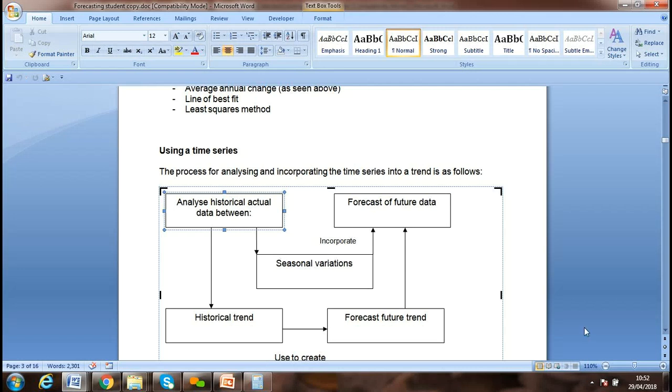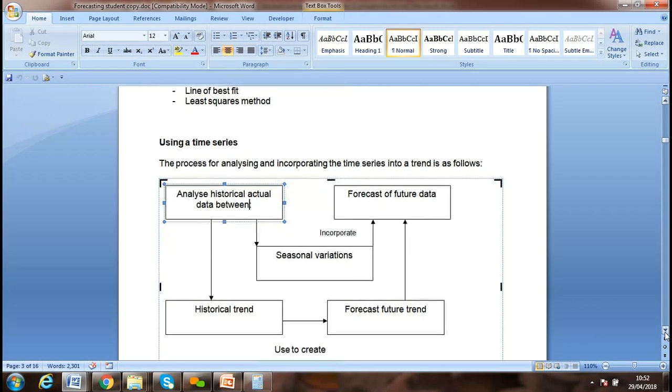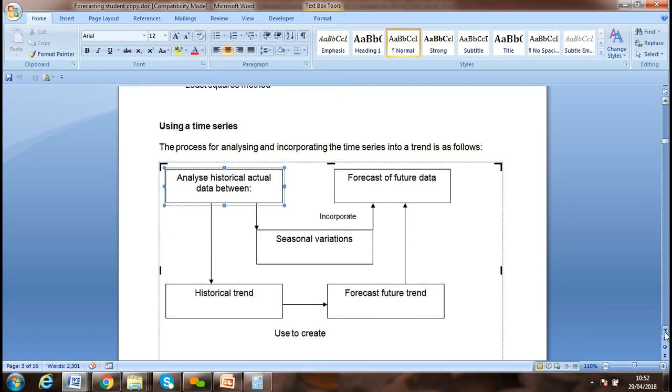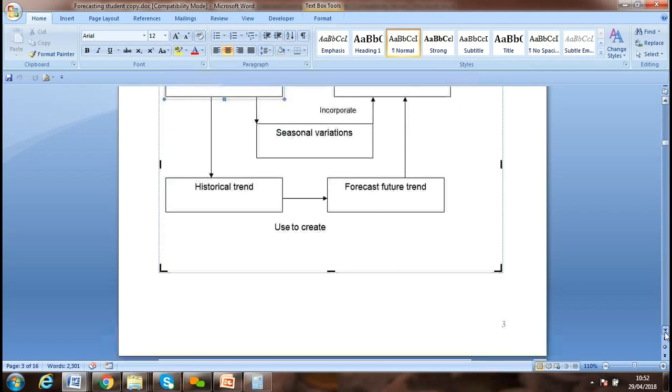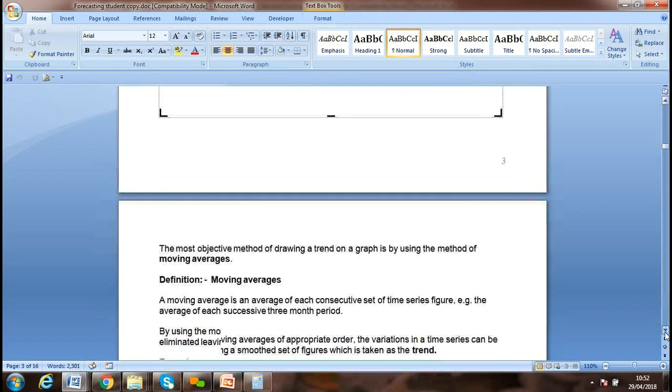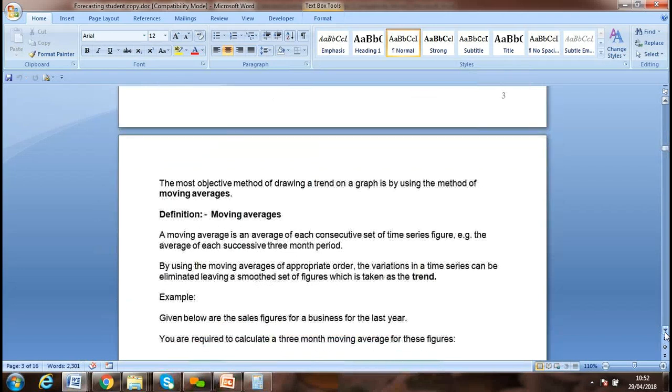We can use the trend or the seasonal variation, year by year, how much is change. Forecast the future trend, future profit. So a moving average is an average of each consecutive set of time series, the average of each successive 3 month period.